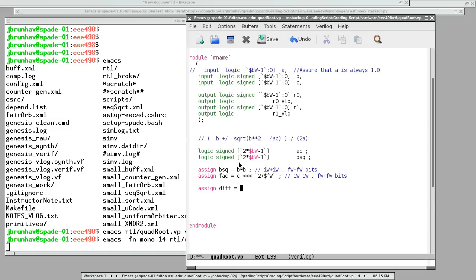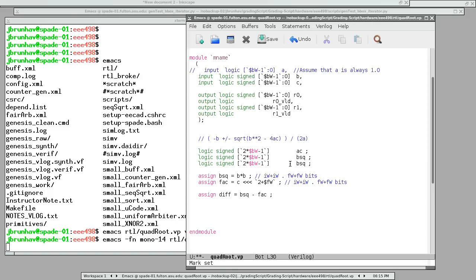So we can record their difference as being b squared minus 4AC. Great. So that is also, and then technically it could get 1 bit bigger.